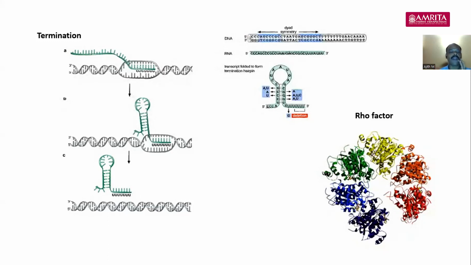Rho dependent and rho independent. Now let me tell you, there are three phases in transcription: initiation, elongation, and termination. Initiation, you know that you have to have a start signal. Elongation, moving from closed complex to open complex.